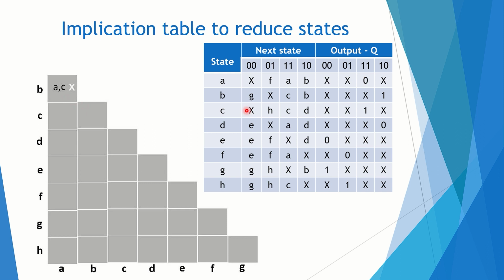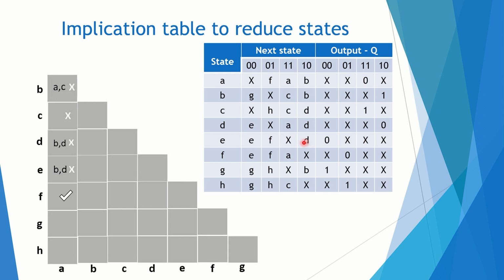So AC cross. Then AC, see here, it is again not equivalent. So the cross. Then AD, see here, AD, it's again here BD. That's a cross mark. Again AE, same like that.